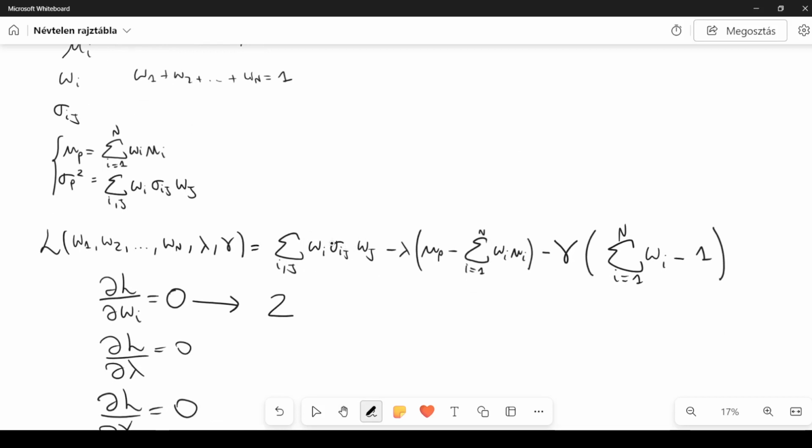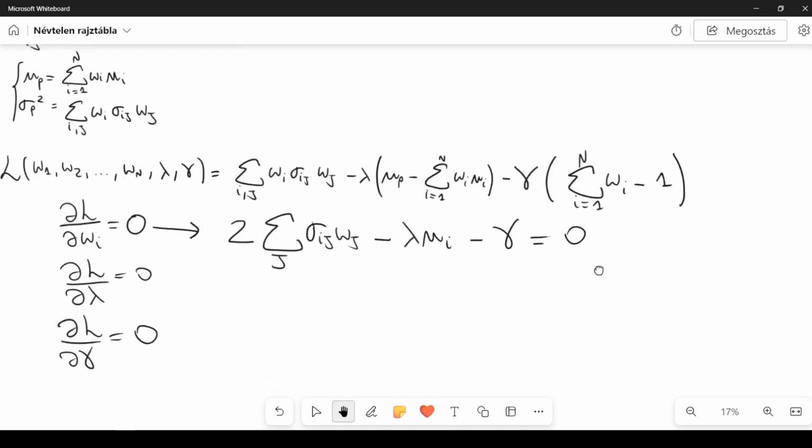You can write the rest as a summation from j equal to 1 to j equal to n of sigma ij omega j. Then you have minus lambda mu i here, and then you have minus gamma equal to 0.